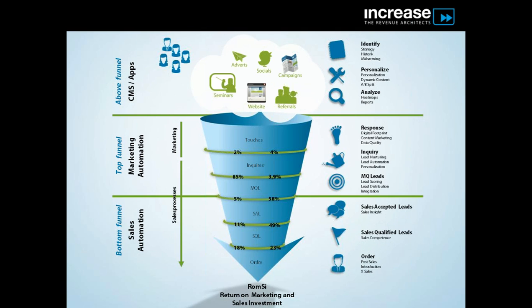A lot of these leads are kept in marketing and are nurtured until they're ready to be qualified for sales. But on the other hand, it shows that the following conversion numbers will increase drastically from 5% to 58% and so forth down the funnel.